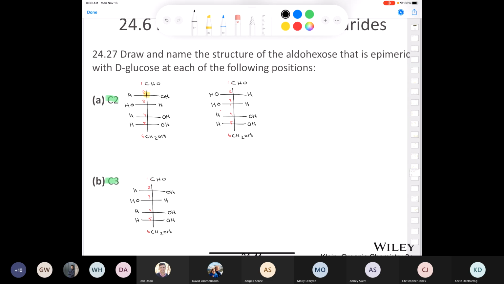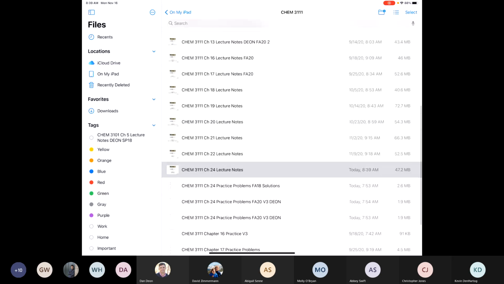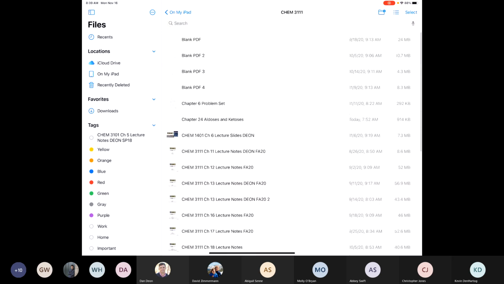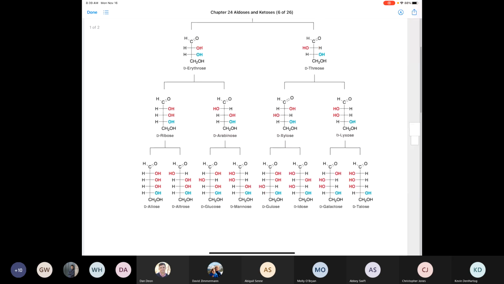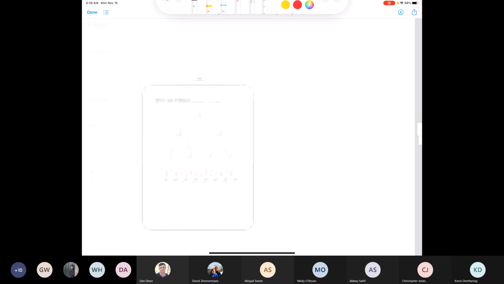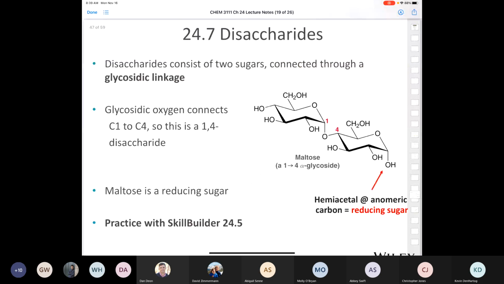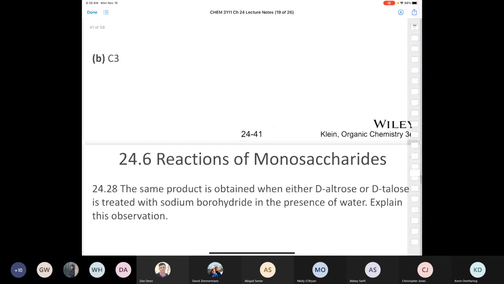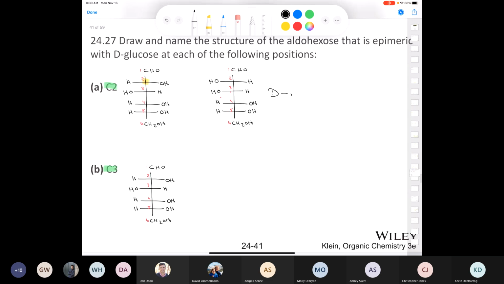There we go. And if we go into the list of sugars, which I had in here somewhere. So again, I will provide whatever you need. But if you look, it's this sugar right here, which is D-mannose. Let's go back to our slides. So this is D-mannose.